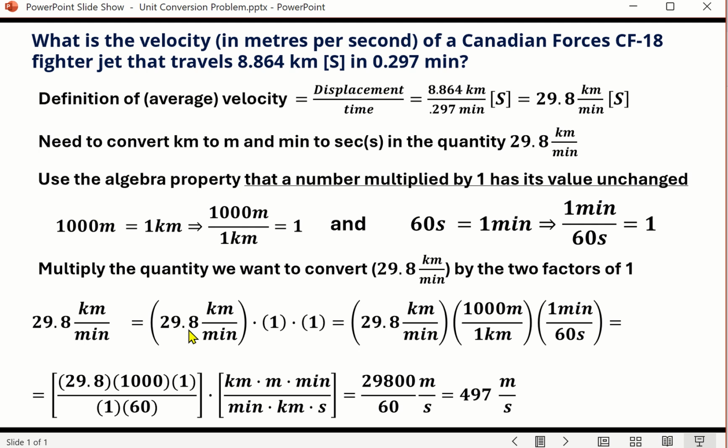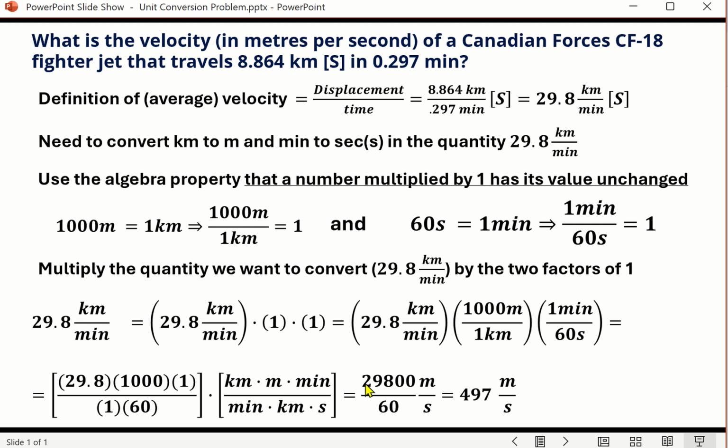29.8 kilometers per minute times 2 factors of 1 doesn't change the value. The first factor of 1 we use is 1,000 meters per 1 kilometer. 1 minute per 60 seconds is the other one. We group the numbers together here, group the units together here, and we notice that as we wanted, the minutes are going to cancel out, the kilometers are going to cancel out and just leave meters per second.